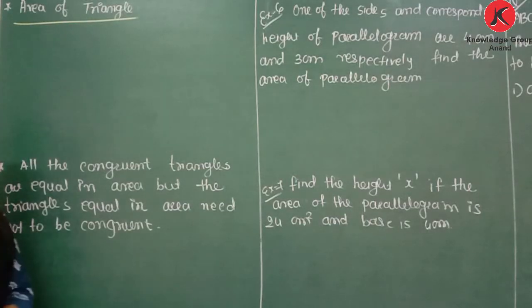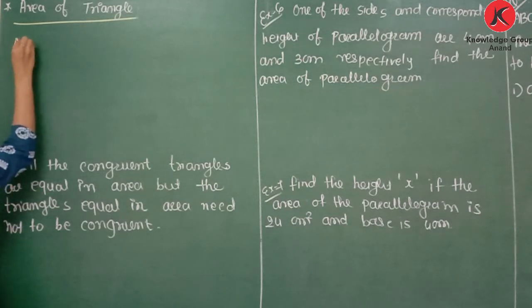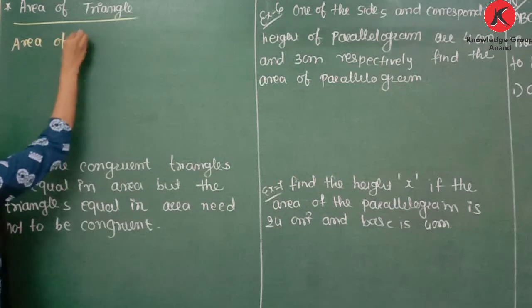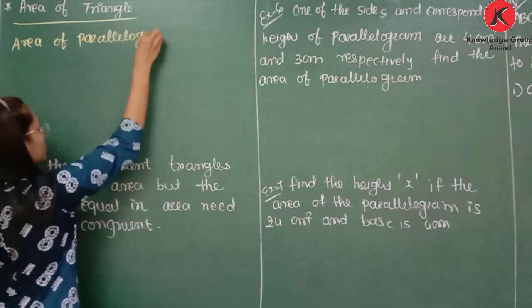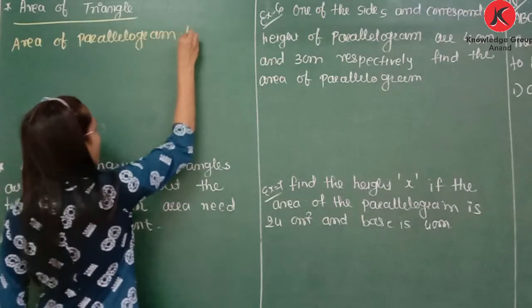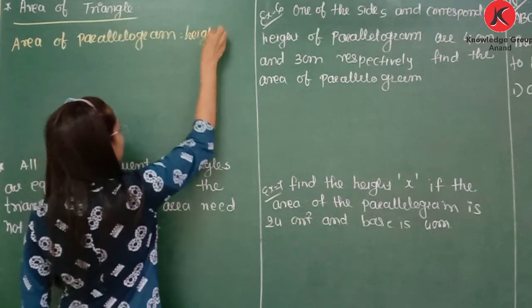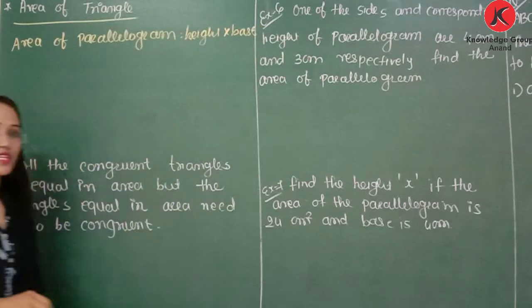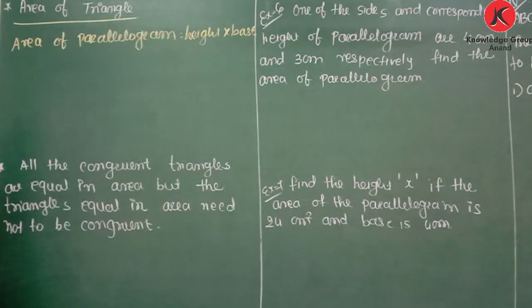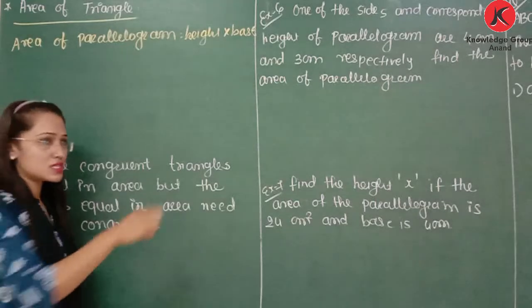What is the equation for the area of a parallelogram? Area of parallelogram is height multiplied by base. Height means the length that makes a perpendicular distance to the opposite side, and that opposite side becomes the base.